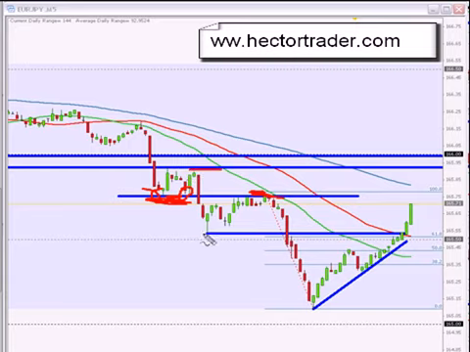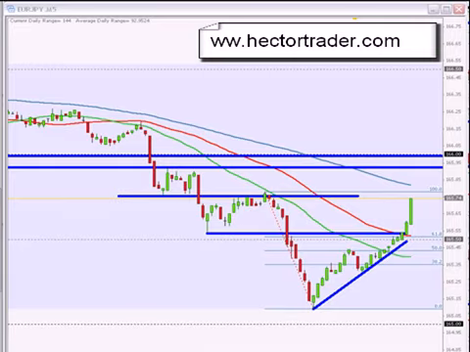Also, this is the 50% Fibonacci level. I've measured it already. And of course, the dynamic area of resistance. We have a trend line break right there. You see this retracement trend line there with a 1-bar pullback.